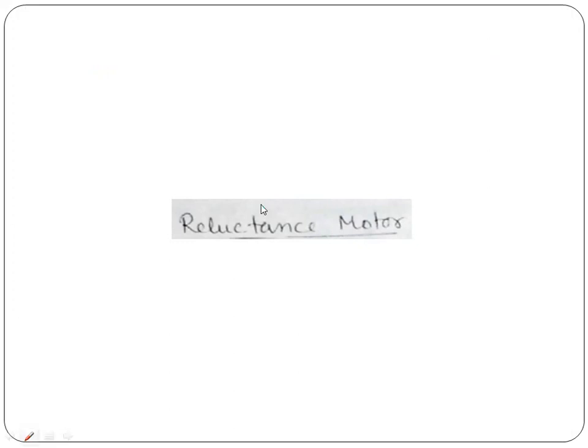Reluctance is basically a term related to magnetic reluctance, or the resistance offered to the magnetic flux. The motor built on the principle of this reluctance effect of electromagnetism is known as a reluctance motor. So let us see how this reluctance effect can become the mechanism of a motor principle.